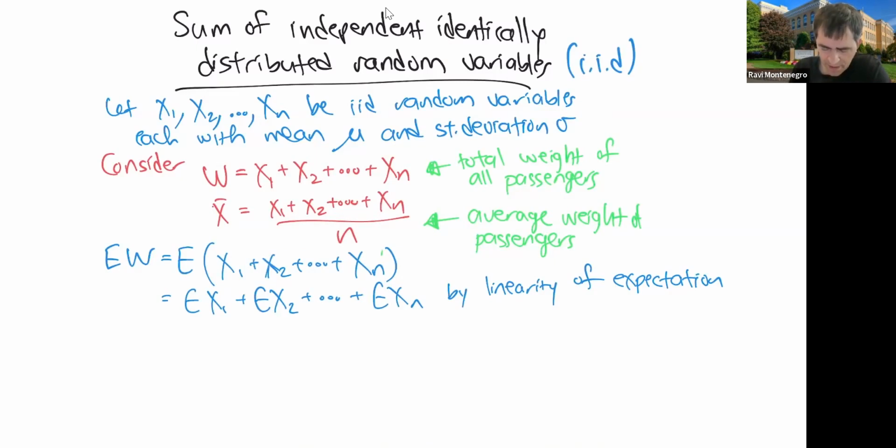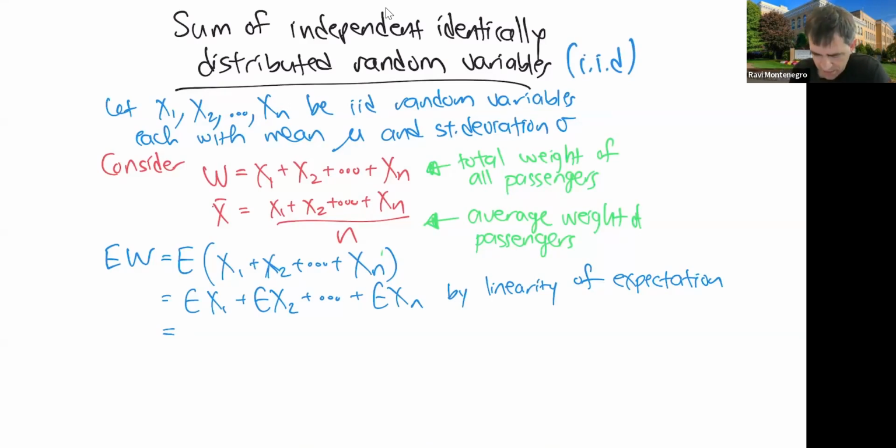Now these were IID, meaning recall that they all have the same distribution. And so the expected value of x1 is the same as x2, is the same as x3, and so on. Like when we looked at airline passengers, it would just be saying, if all I know is the passenger number, not their identity, then my expected value for passenger 1's weight is around 190, and the same for passenger 2 and 3, and so on.